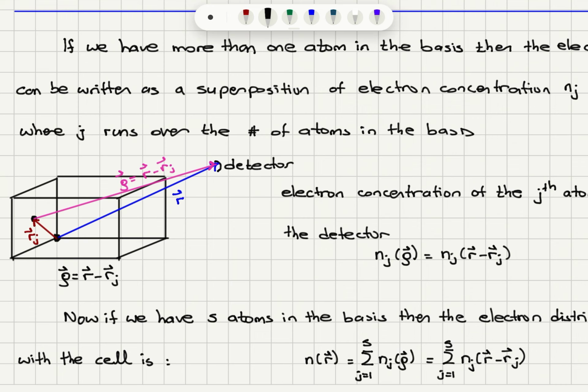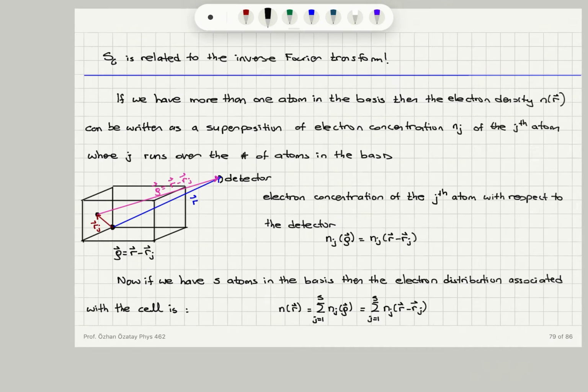The second atom of the basis has a position R sub j with respect to the corner atom, and the detector has a relative position with respect to the second atom of the basis as the rho vector, which is R minus Rj, as you can see from this vector construction.